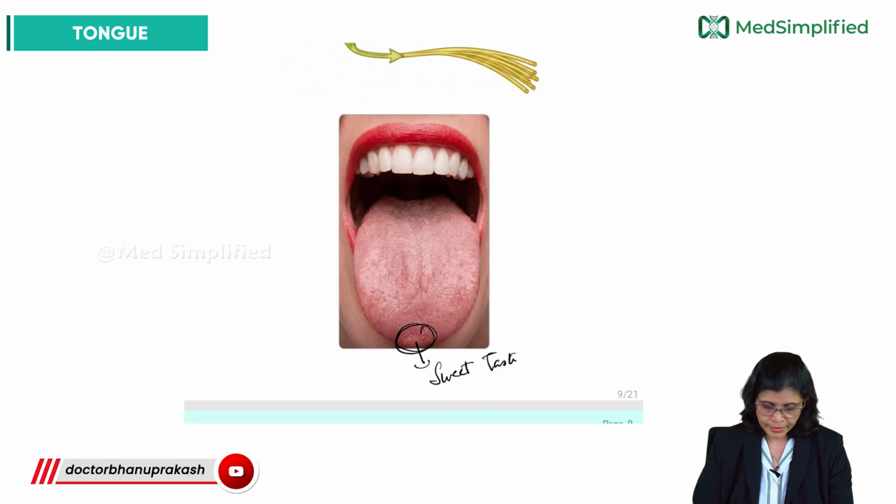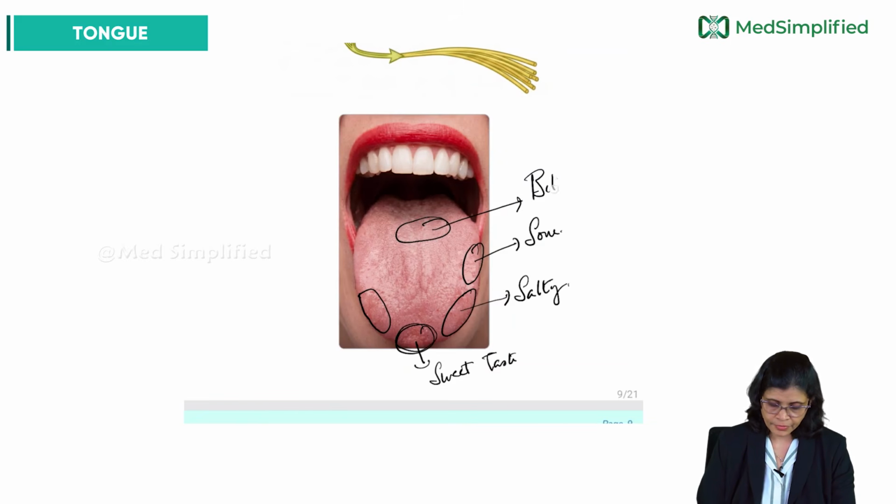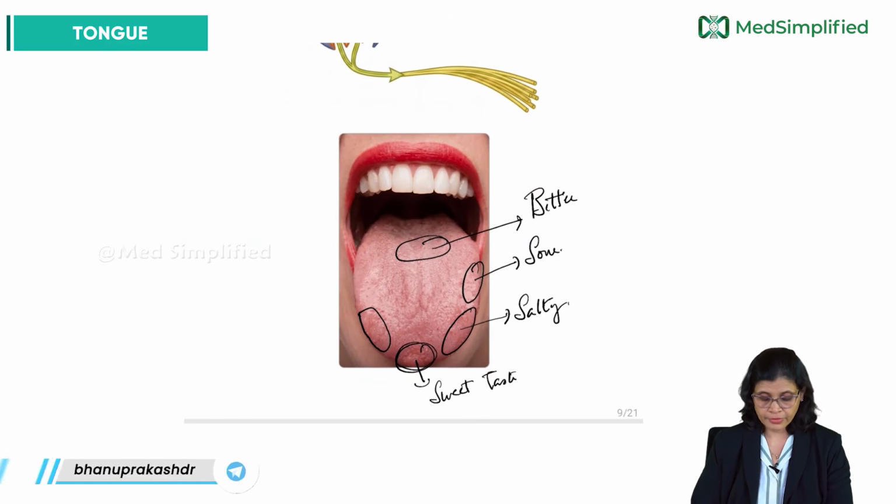Then anterior part along the margins, we feel more of salty taste. Then behind we feel sour along the margins, and the posterior most part, bitter is felt more.